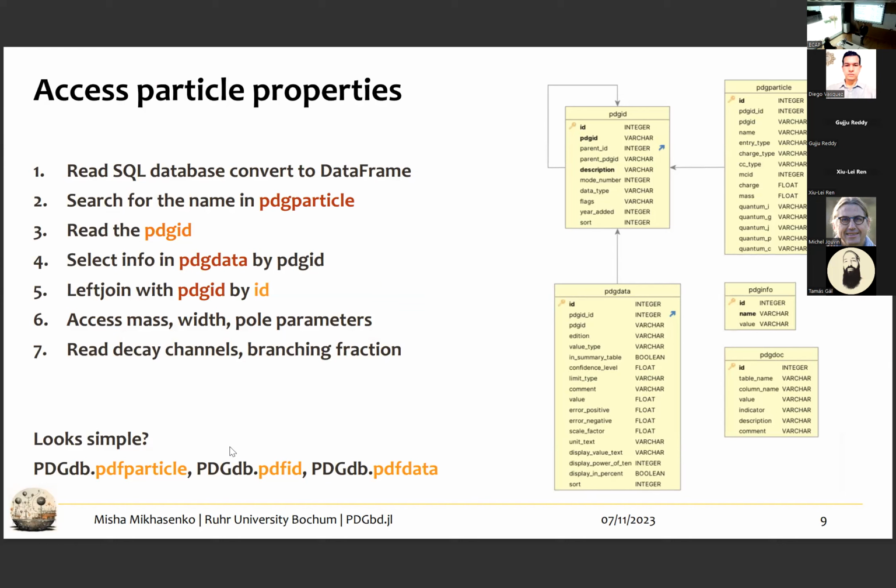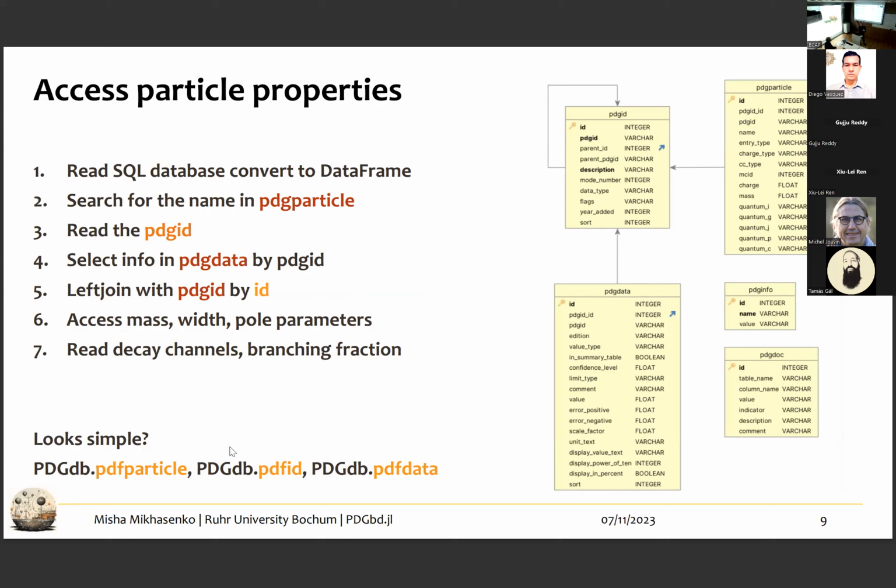The algorithm to find the information that you need is to start with what we think in terms of, which is the particle names. So you start with the name of the particle. From this, you understand what the PDG ID is. This is the main key that is shared between tables. And then from the PDG ID, you get particle data that has the masses and widths.